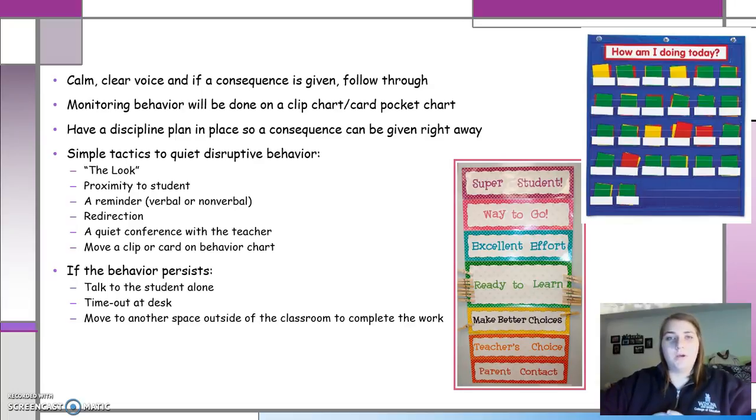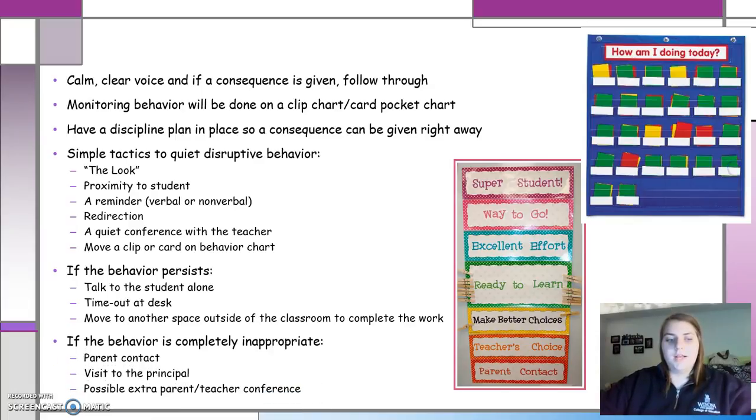Maybe taking a little time out at their desk, if they can't handle what they're supposed to be doing, taking a little time to sit at their desk and think about what they were doing and how to fix that. And then also, depending on the school where I'm at, having the student move to another space outside of the classroom that's quiet for them to focus on their work and not having other students or things in the room to distract them.